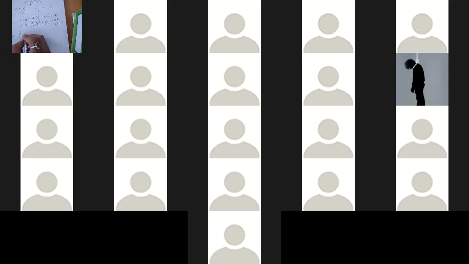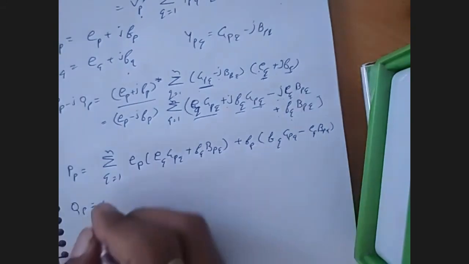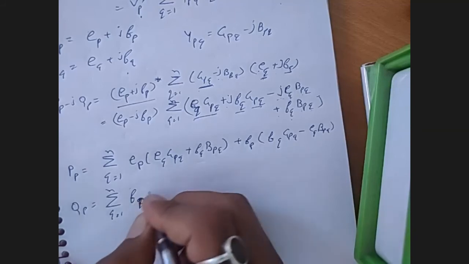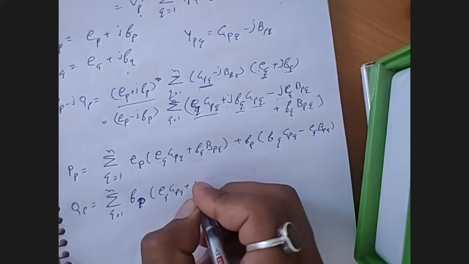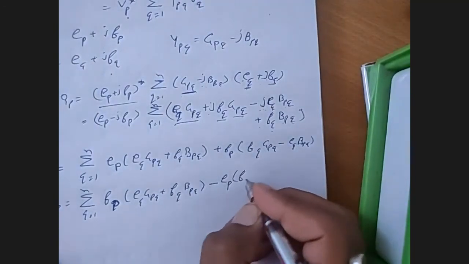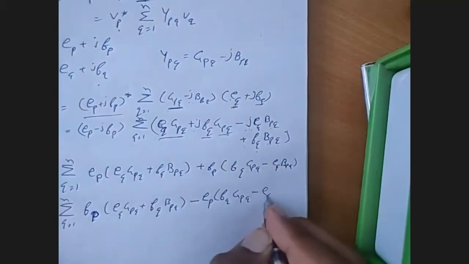So the real part of this will be Ep (Eq Gpq plus Fq Bpq) plus Fp (Fq Gpq minus Eq Bpq), and your Qp will become summation q equal to 1 to n Fp (Eq Gpq plus Fq Bpq) minus Ep (Fq Gpq minus Eq Bpq).